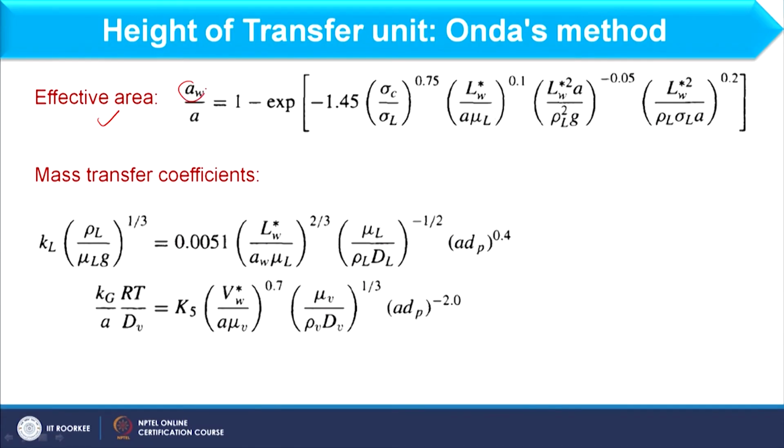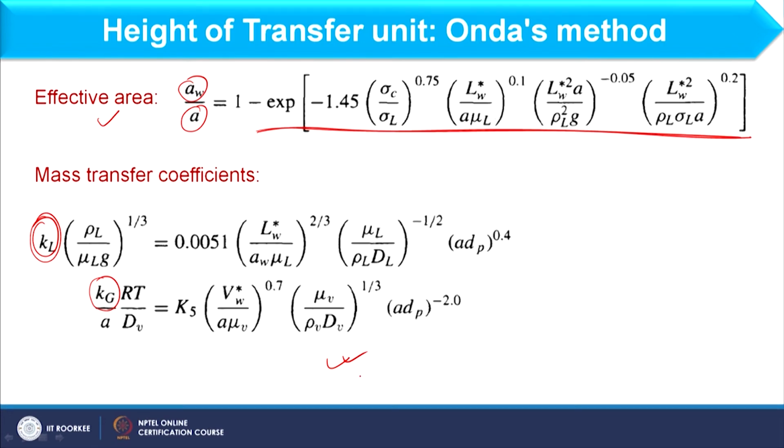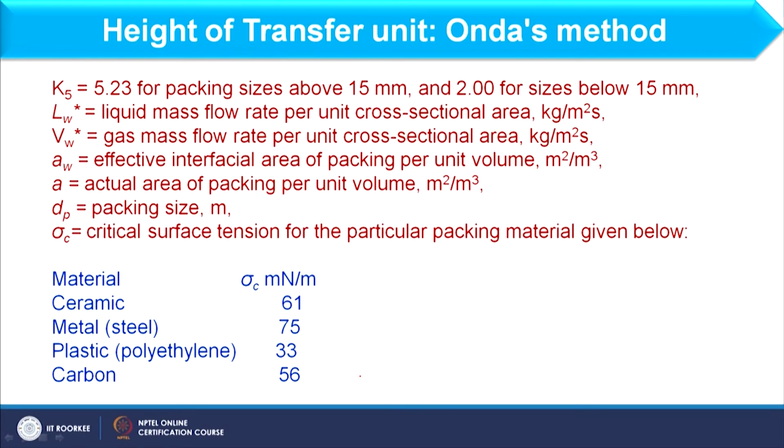First of all, we have the effective area, and that is Aw by A. A is basically the interfacial area, which you can see from the table, and this is the whole expression. And further we have the Kl as well as Kg expressions, which you can use over here. Now, as far as parameters are concerned, here I have to consider K5.